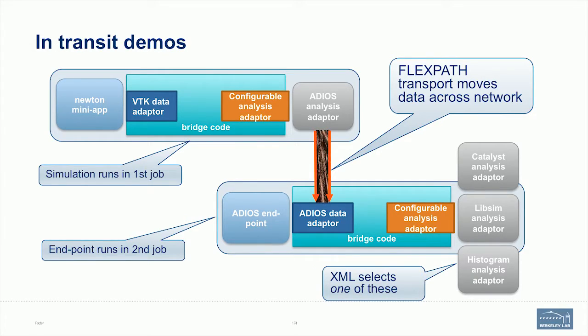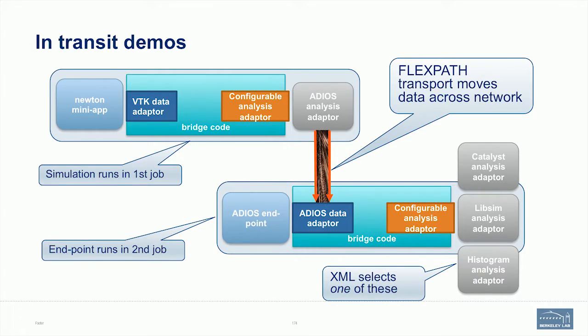In my second job, the ADIOS endpoint is a binary main program that comes with SENSEI, and it's compiled with SENSEI. It's a simple main program. All it does is create an ADIOS data adapter that receives data over the network or from a file. That's the nice thing about ADIOS.